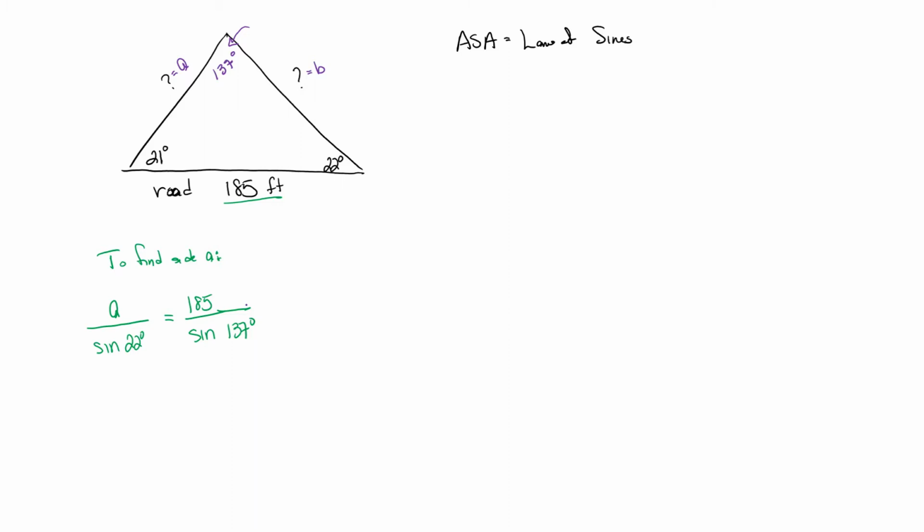Now, to get A by itself, you're going to have to multiply both sides by the sine of 22 degrees. Agreed? All right, so this is what the algebra looks like. And you get on your calculator, I'll get on my calculator, and I have side A being equal to 101.62 feet.